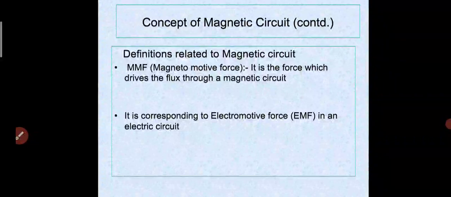MMF, magnetomotive force. It is the force which drives the flux through a magnetic circuit. And second one, it is corresponding to electromotive force, EMF, in an electric circuit. So magnetomotive force is MMF, electromotive force is EMF in an electric circuit.